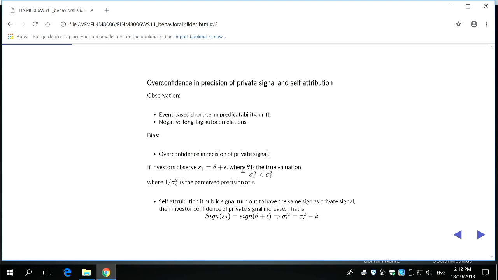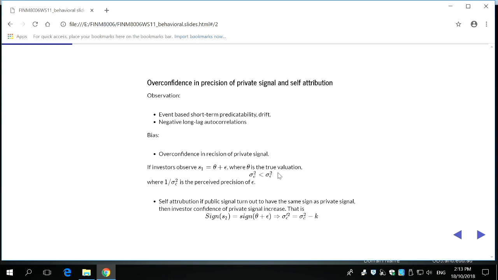So what do I mean by overconfidence? Suppose some investors can observe a signal, let's say S1, which is a combination of the true price, theta, and some noise, epsilon.